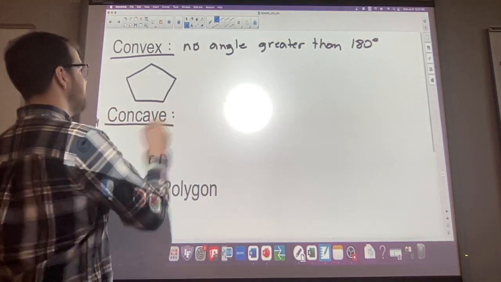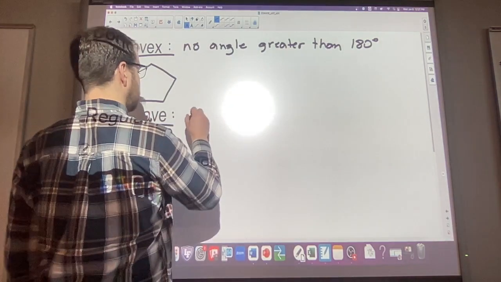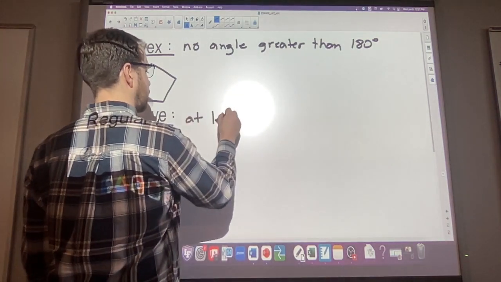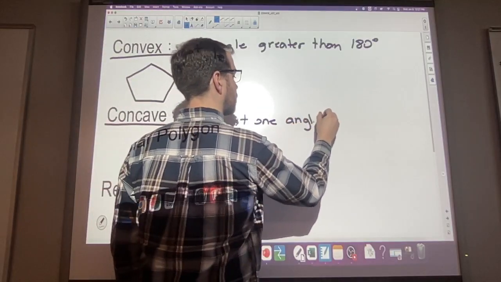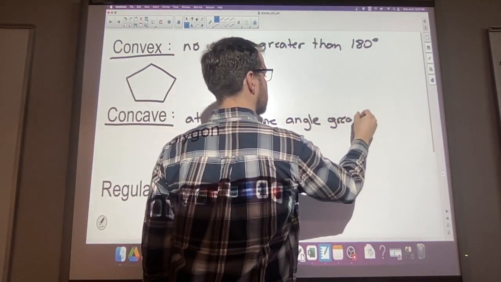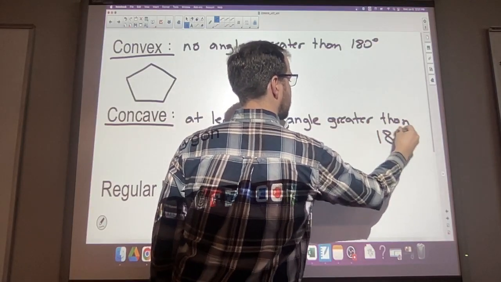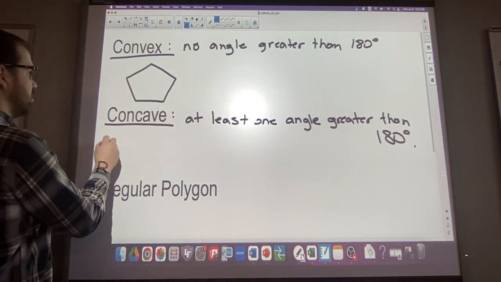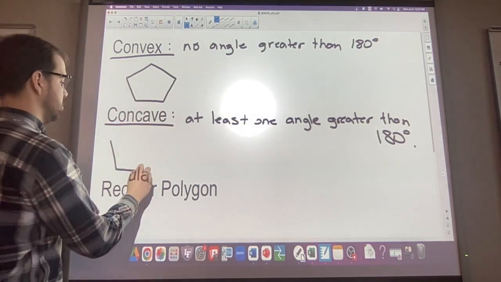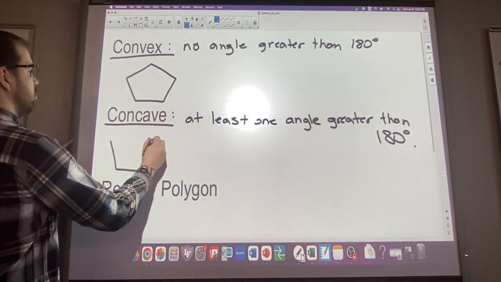And concave means that there is at least one angle that's greater than 180 degrees. So what that means is, let's start this shape the same way, and then all of a sudden, we do not go out like we normally would.